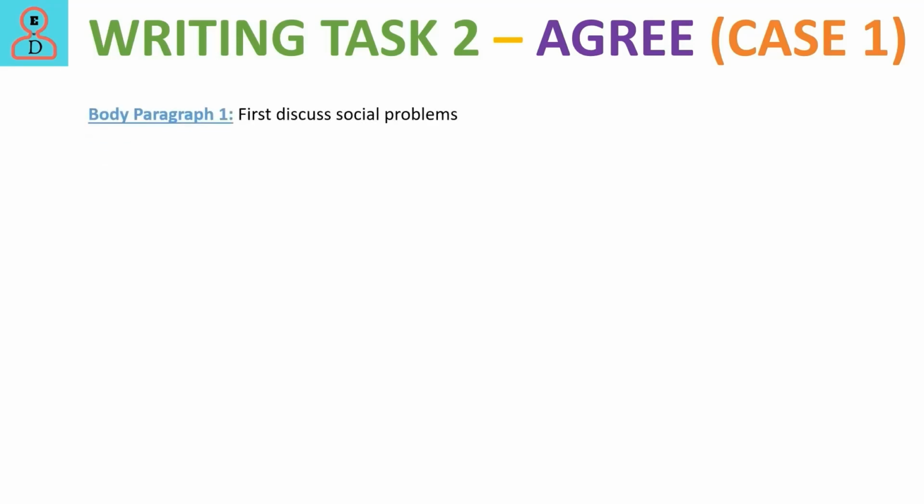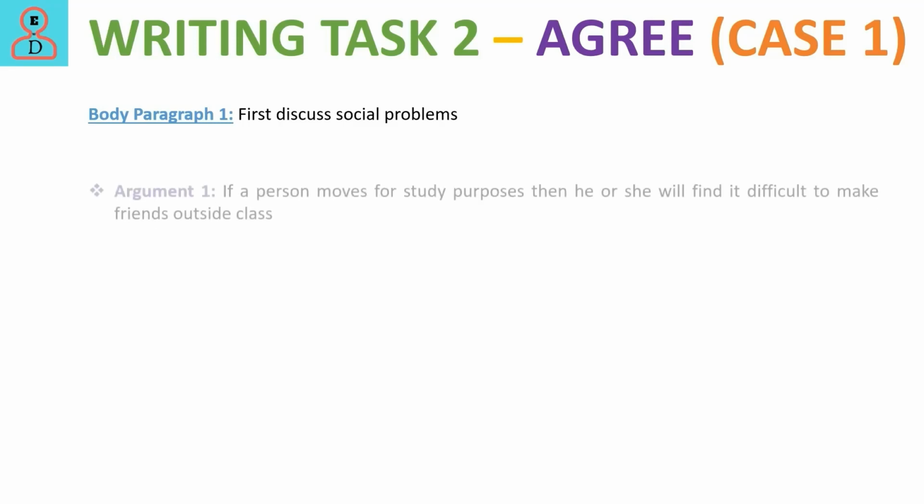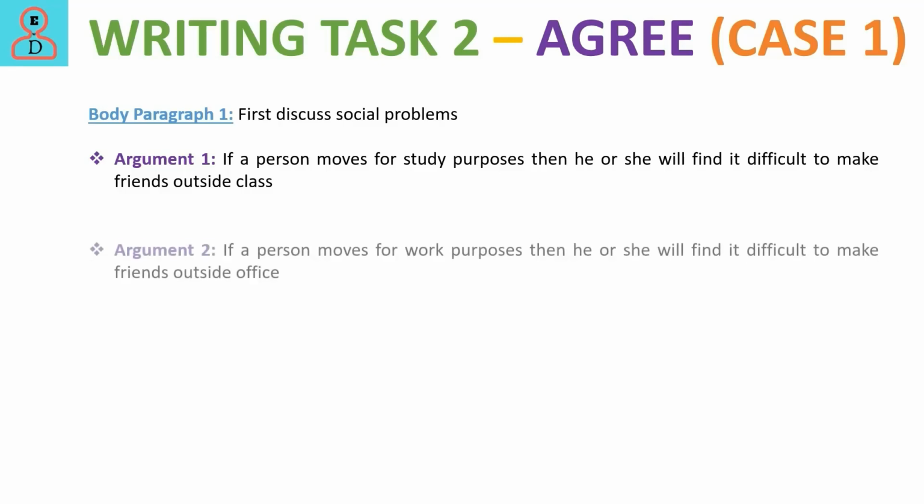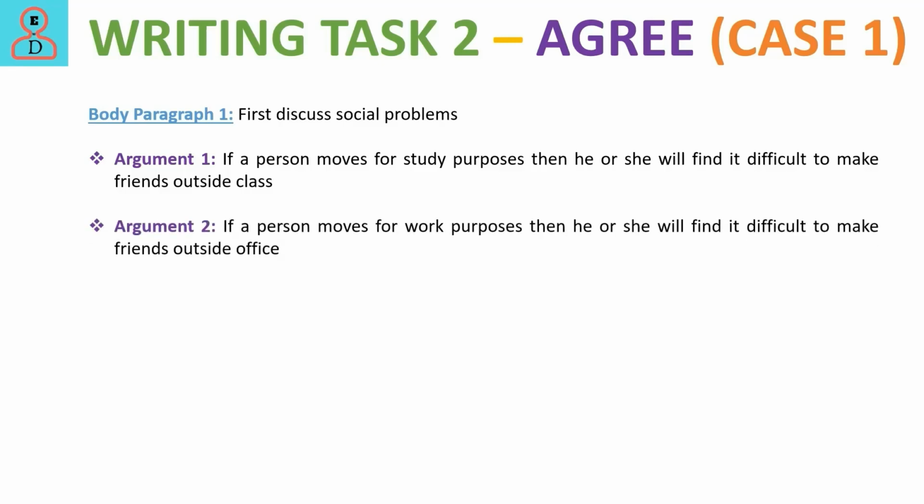Here, since we mentioned social problems first in our introduction, so in our first body paragraph, we will cover social problems, and here are the 2 points which we will write to support our opinion given in the introduction. Take a minute and have a look at the points to be covered ahead.